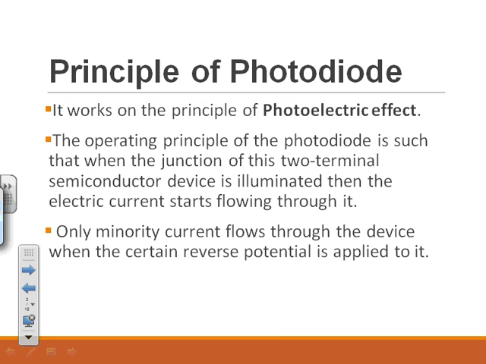Then the principle of the photodiode is the photoelectric effect. So the working principle is based on the photoelectric effect. That means when light energy is received, some electrical energy is generated. That is the basic principle of the photoelectric effect. So the operating principle of the photodiode is such that when the junction of this two-terminal semiconductor device is illuminated, then electric current starts flowing through it.